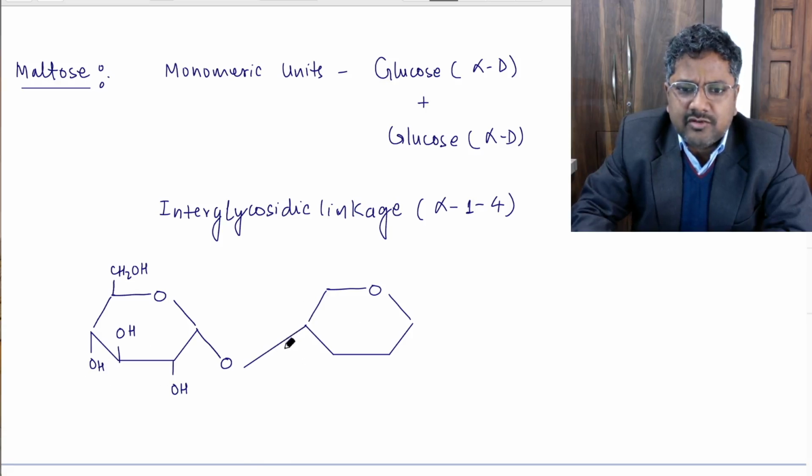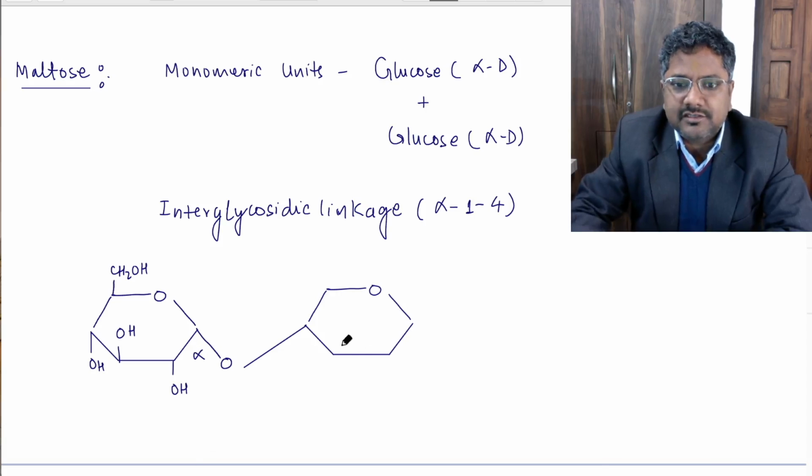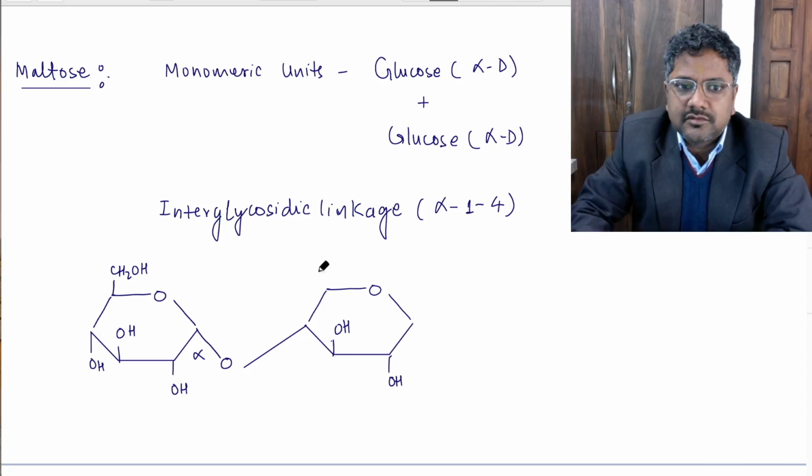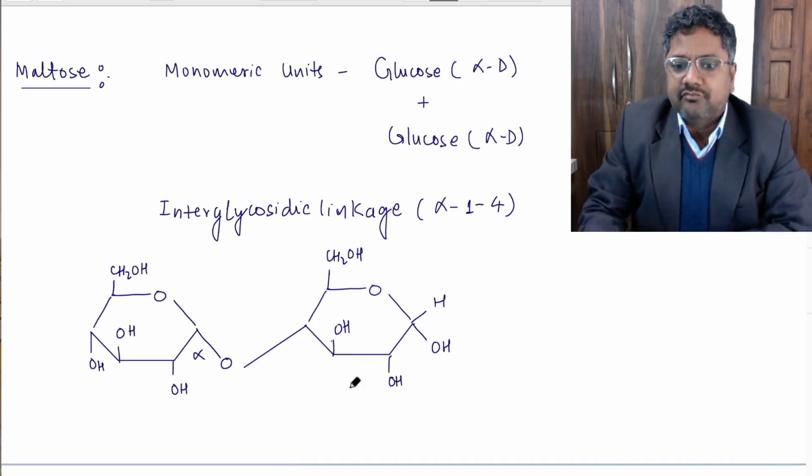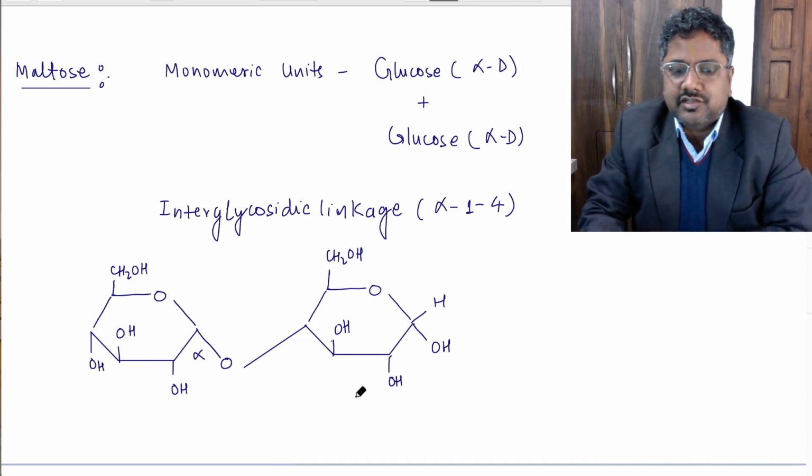But don't bother about this, it does not determine alpha or beta. This is alpha, right? And see, this is up, and this is down, and this is CH2OH. This is also alpha. So this is the structure of maltose.